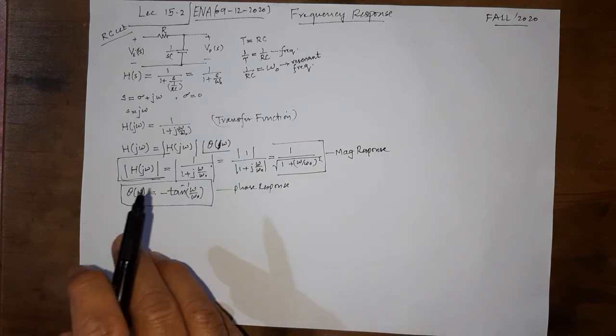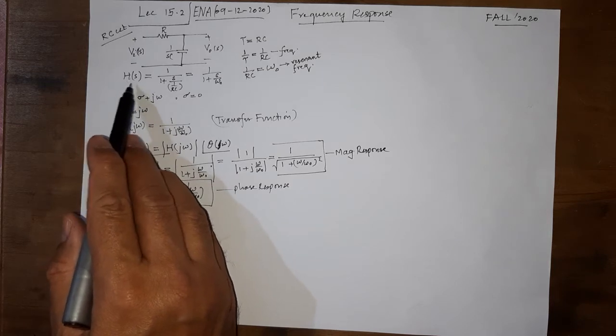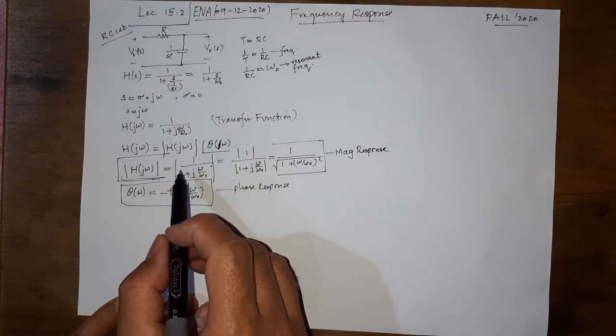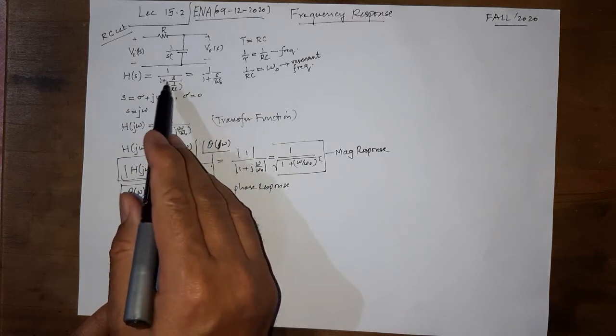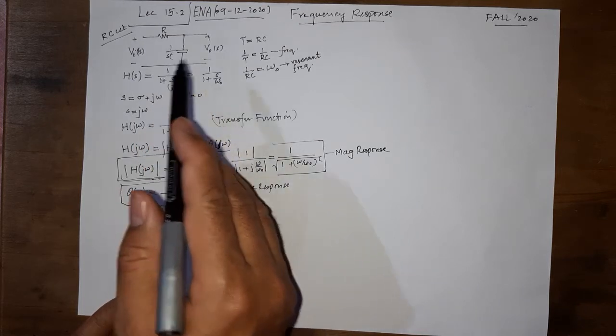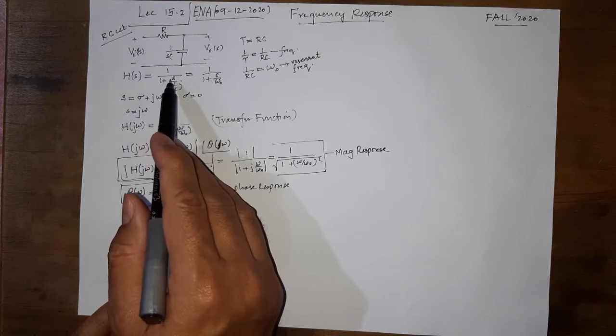for a circuit. For that to be found, we need to know H(s), and we bring the linear factors of s in the denominator, or we will see in other circuits they would occur in the numerator as well, in this form.